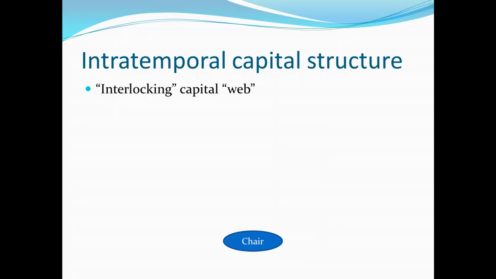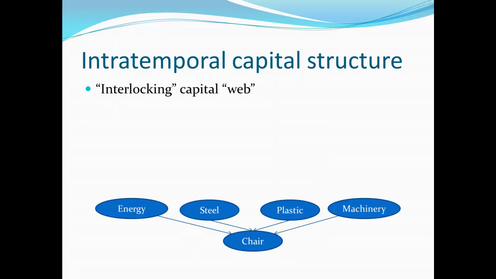Now, to get a handle on this, let's think about a relatively simple product. Let's say a chair. I have a chair here sitting in my office, and it looks like it's made of a number of different things. So to make that chair, I need a certain set of capital goods. Right? I'm going to need some type of energy, generally in an electrical form, to run the machinery.